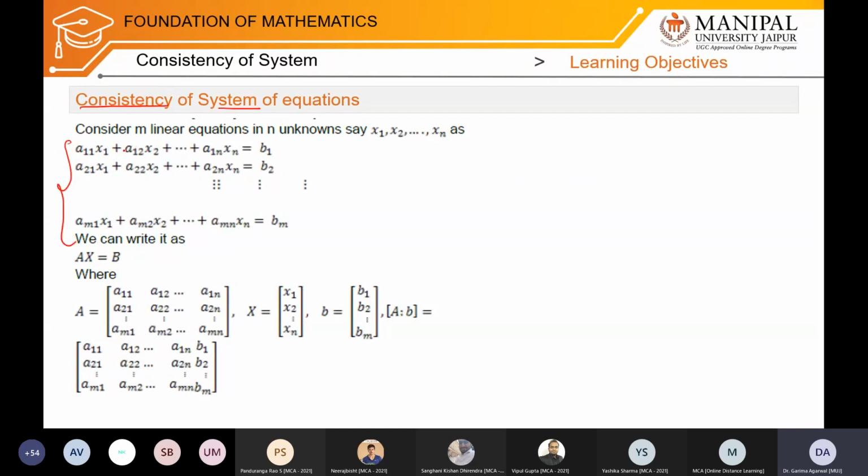Here a11, a12, a1n, a21, a22, a2n, am1, am2, b1, b2 up to bm, all are constants, right?